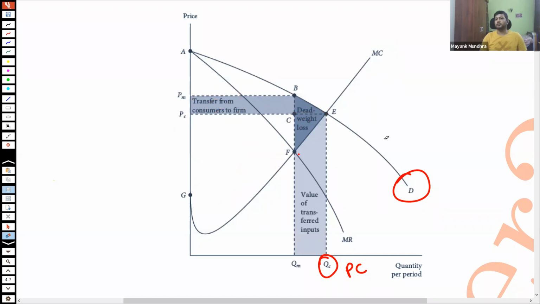Now, in case of monopolist, what's happening? In perfect competition, my total surplus would have been this much, basically. This would have been my perfect competition level of welfare. Now, in case of monopolist, you're producing this much quantity, the quantity where marginal revenue intersects with marginal cost. So you're producing a lower quantity. Price is higher. And the total surplus now is just this much.